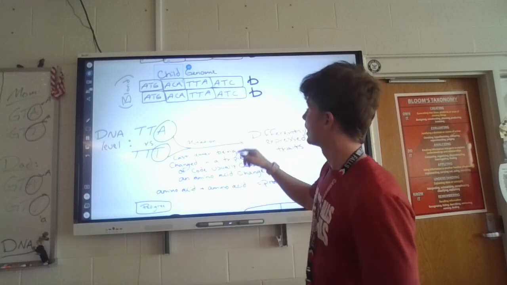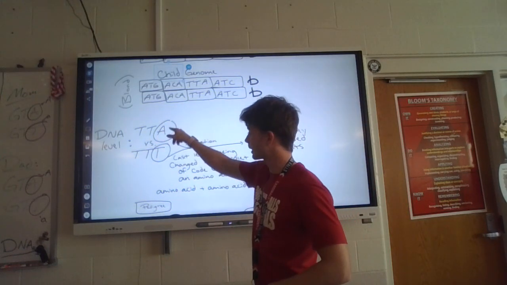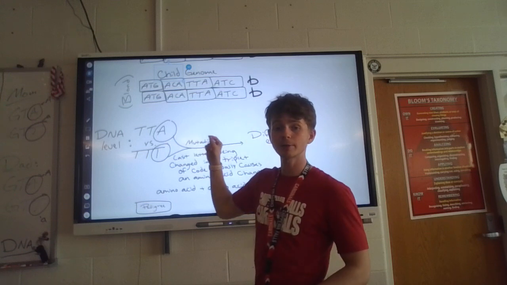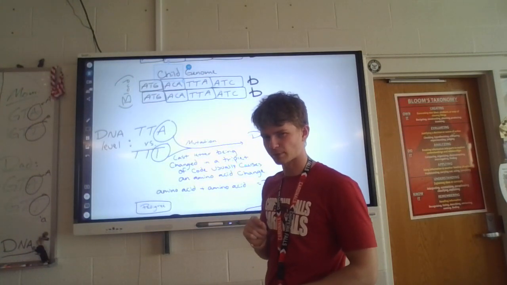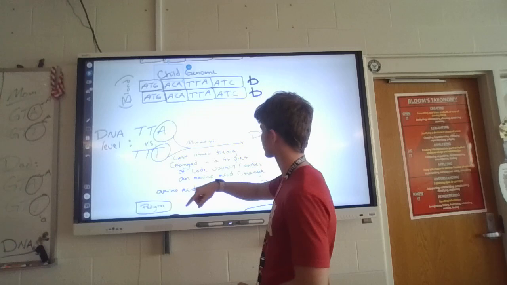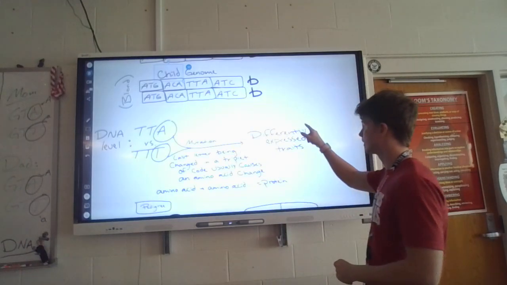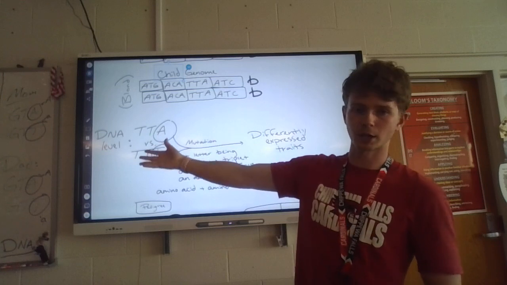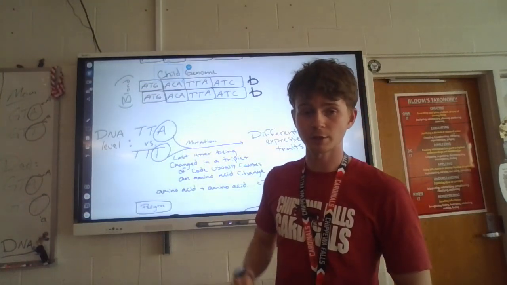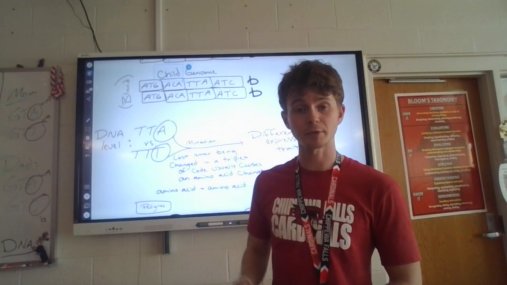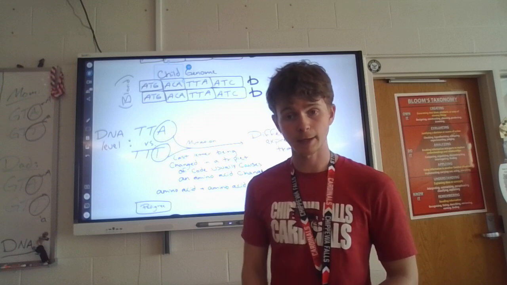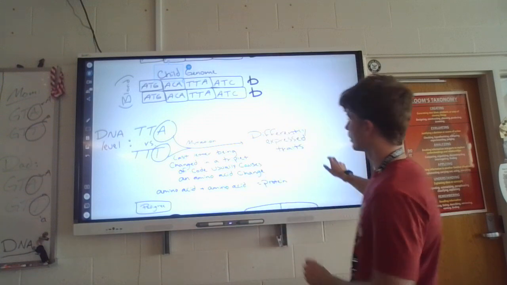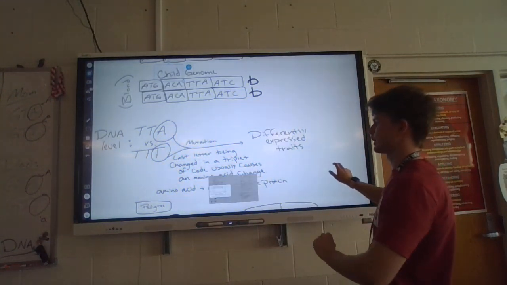But they found that if you change the last code in a codon, that actually will often change to a slightly different protein, okay? And when this makes a slightly different protein, we'll get a differently expressed trait, okay? So instead of having brown hair for everybody, this one letter change at the very end, switching to TTA, now we have some people with blonde hair being developed, okay? So last letter usually causes a change, okay?